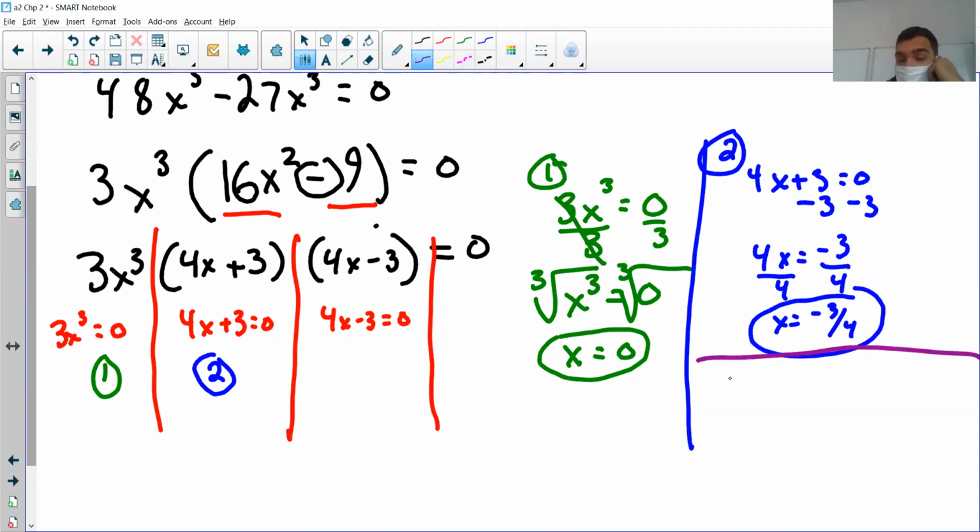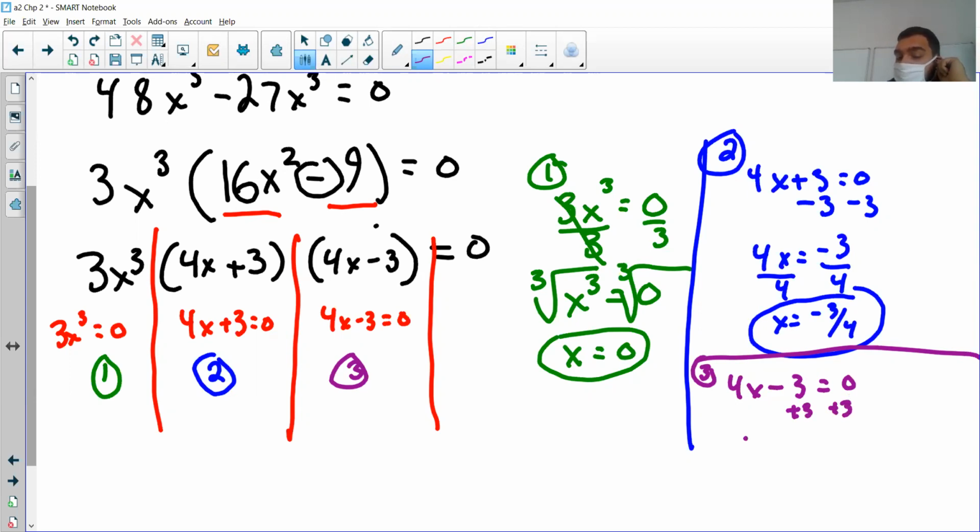Next one. 4x minus 3 equals 0. Very similar. Ella, what would I do to solve for this one? Do I have to divide? Yeah, when you're trying to get something away from the x. So in this case, 4. But it already equals 0, so no. Before I do 4 divided by 4, look, what do I do?